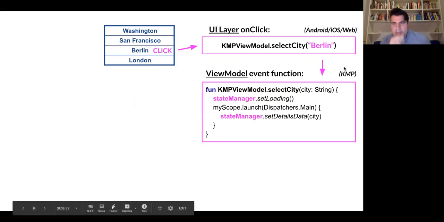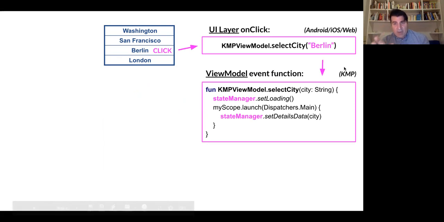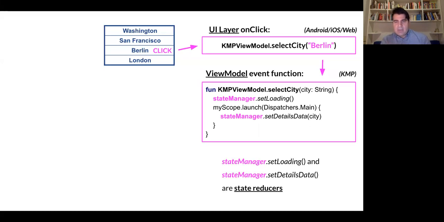And as you see, on the UI layer, you actually make this call, and then let's see how this event is defined. So this select city is defined with two state reducers. Set loading.